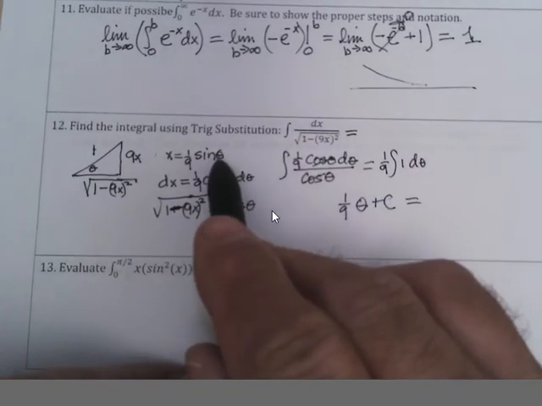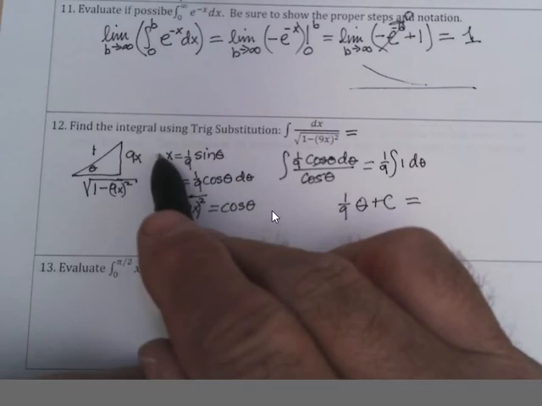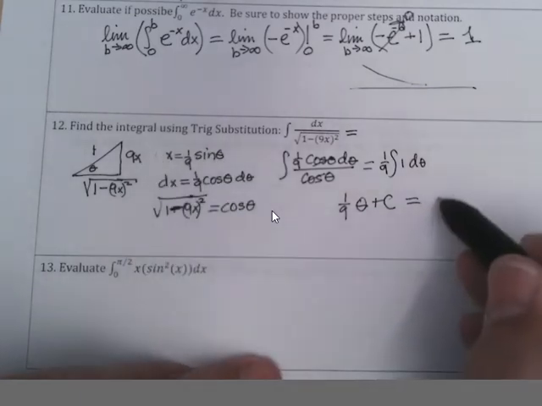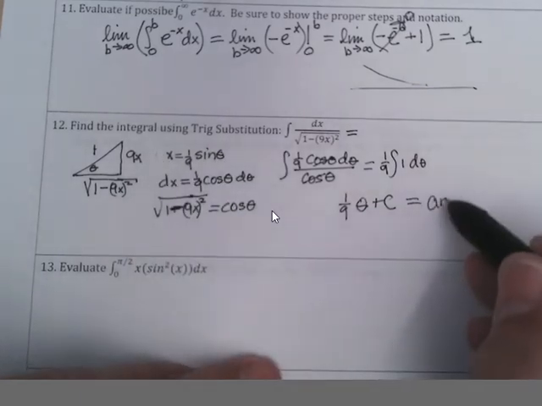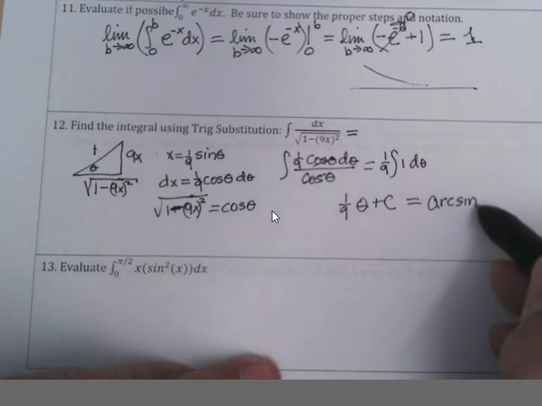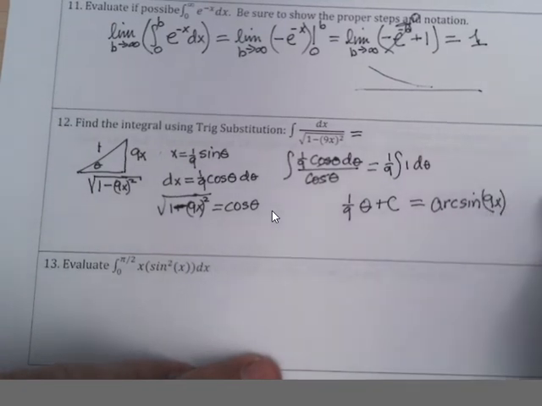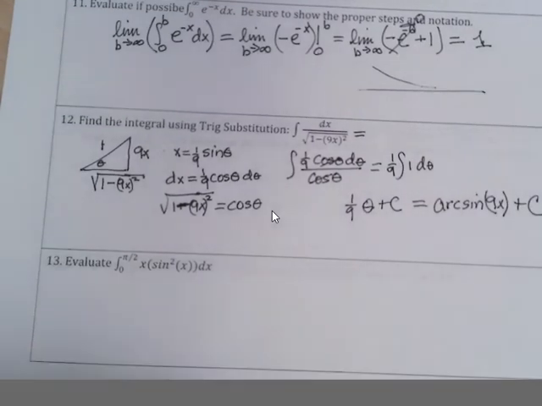And so to solve for theta, I'd multiply by 9 and then do the arc sine. So it's going to be 1/9 arc sine of 9x plus c.